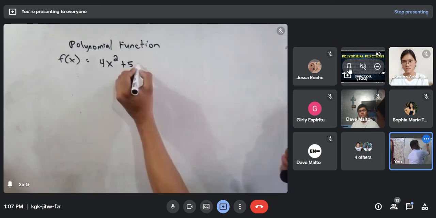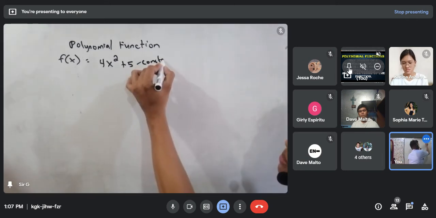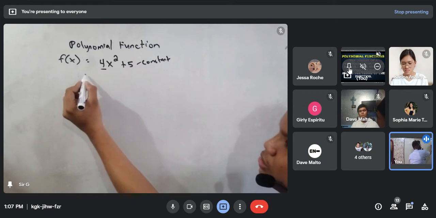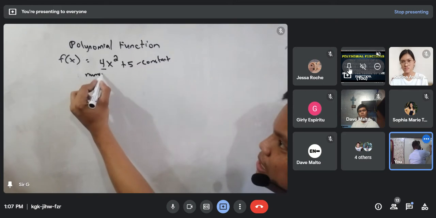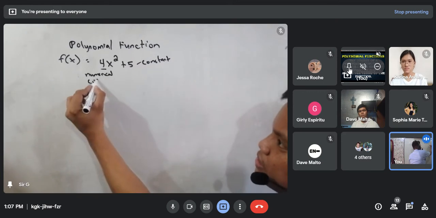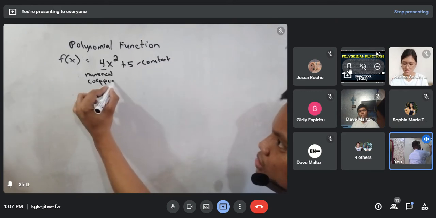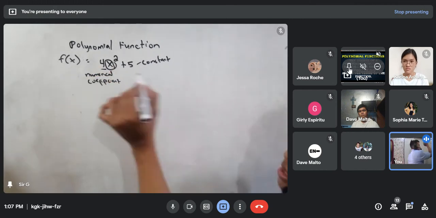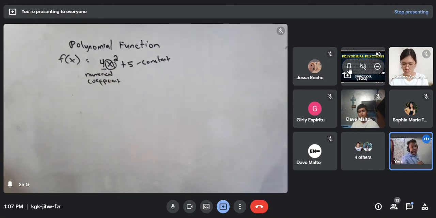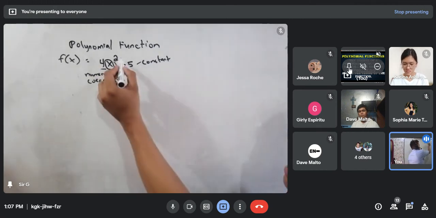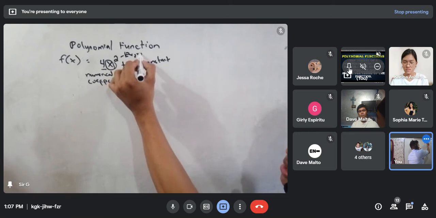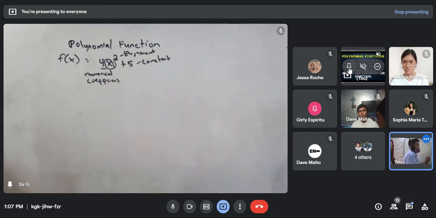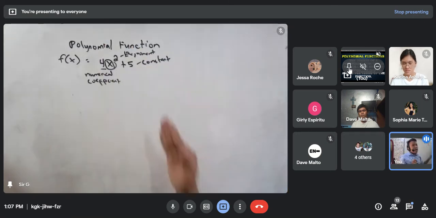And yung 4 natin, that is the numerical coefficient. And yung x, y, that will be our variable. Meron tayong tinatawag rin dito, exponent. Yan yung iilan sa mga part ng polynomial. Yung kabuuan, tinatawag natin yung term.